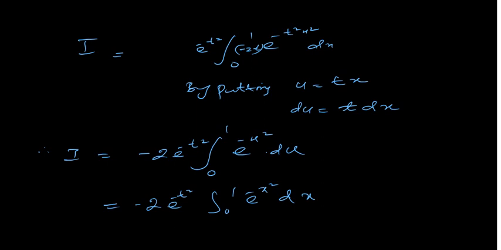So this is actually g dash t. Therefore g dash t is equal to minus 2 times e power minus t square times the integral 0 to 1 of e power minus x square dx. This is true for all t belonging to R.